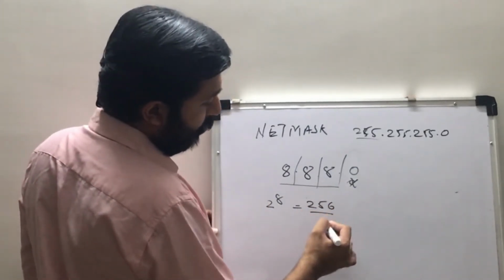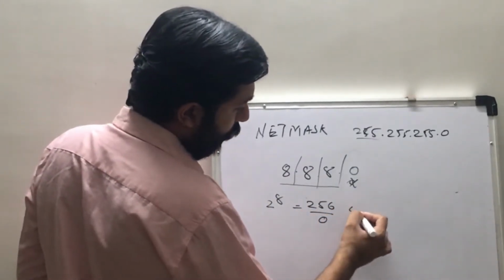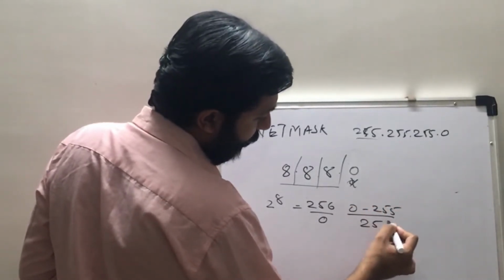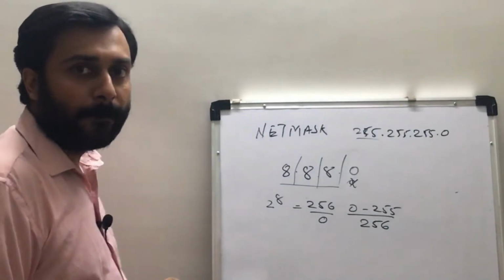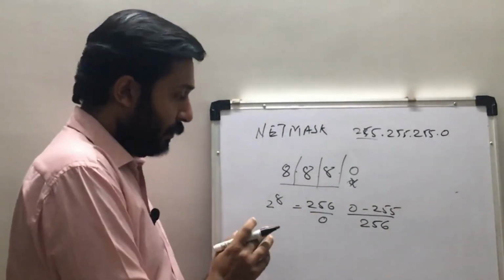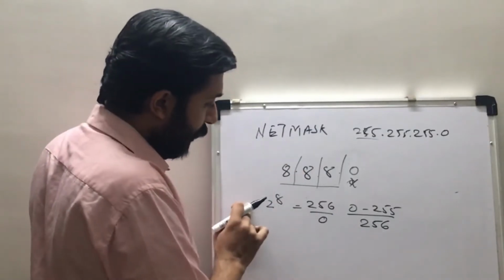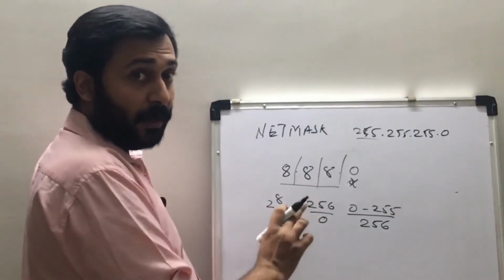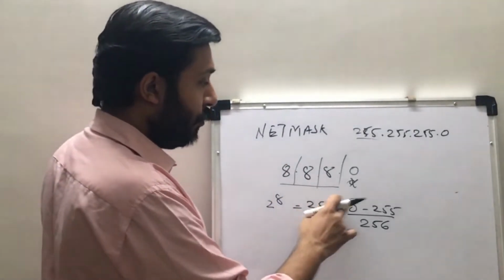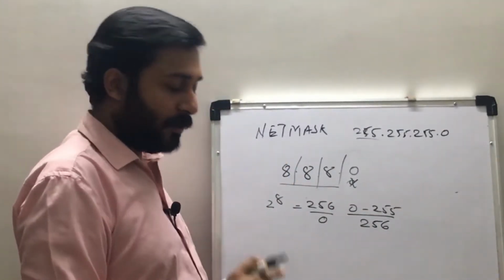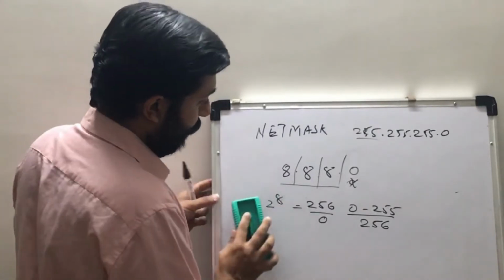But it starts with 0, so 0 to 255, and hence it comprises 256 IPs. I hope this part is clear. 8, it is an octet, 2 raised to 8, that is 256, but it starts with 0, so 0 to 255, and here goes 256. These are the 256 IPs in it.